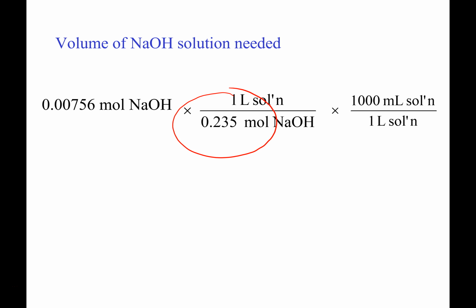And 3 sig figs, so you're looking at 32.2 milliliters of solution. And sometimes I'll take this volume and go back to that balanced equation where I put stuff under it, and where I said question mark volume next to my NaOH, I'd put 32.2 milliliters, just because I feel so good about it. That's it, kind of a 3-step sort of thing.